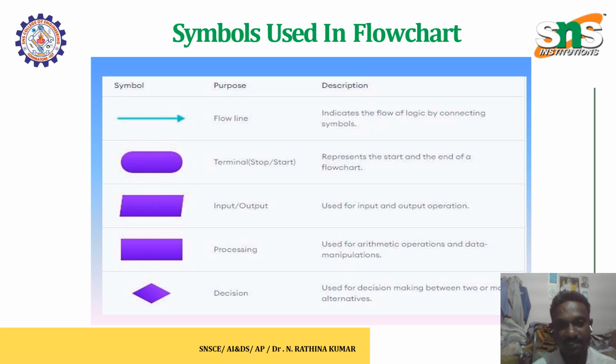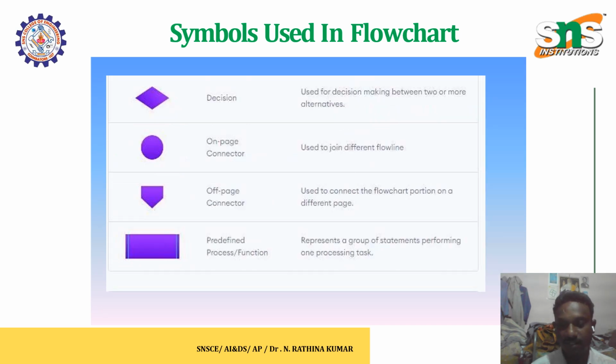The third one is their corresponding use, which is called the description. For example, the first one is a flow line. The purpose of that particular symbol is that it indicates the flow of logic by connecting the two different symbols.